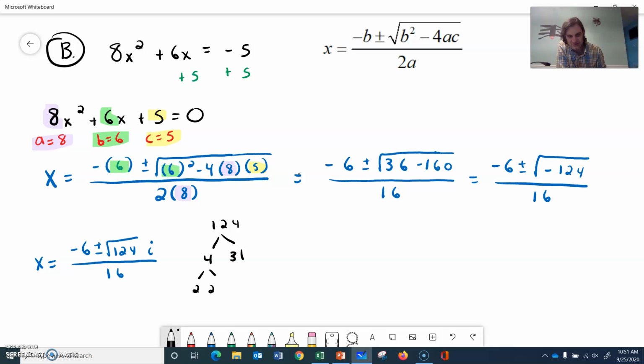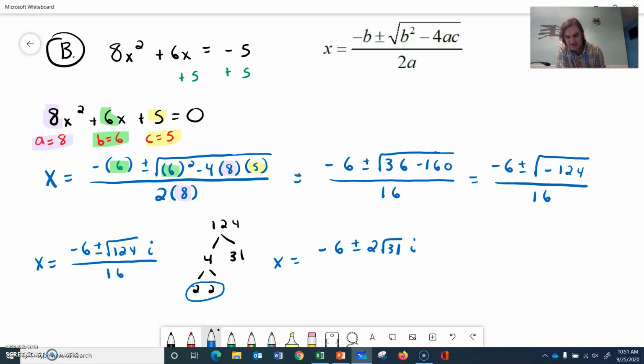Okay, I don't think 31 does anything, but I did get a pair of 2's here. So I can continue this and say that x is negative 6 plus or minus, and the square root of 124 breaks down to be 2 square roots of 31.